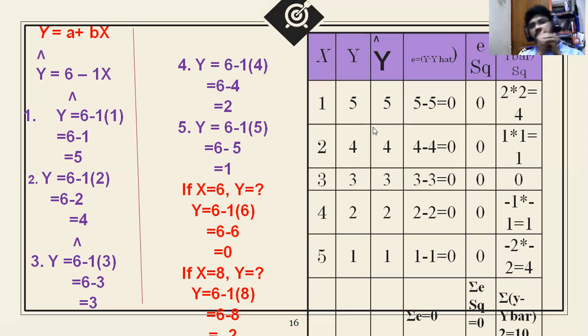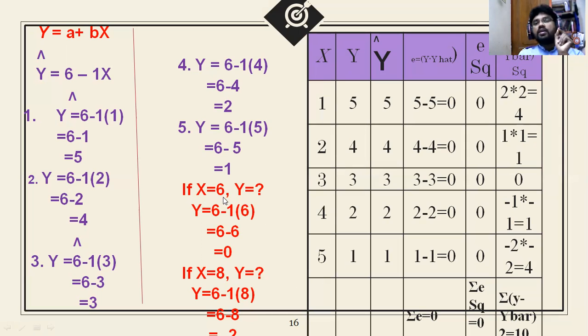Sometimes, after completion of this, if they give data like this, they will ask a question: forecast using the regression method, and when x is equal to 6 or 7 or 8, how much is the y cap value? For example, if x is equal to 6, but here they didn't mention the 6.